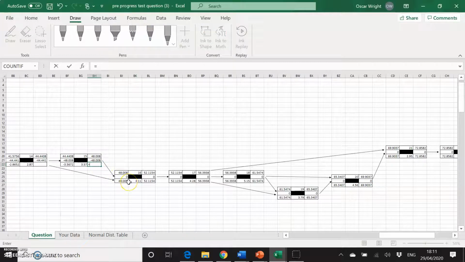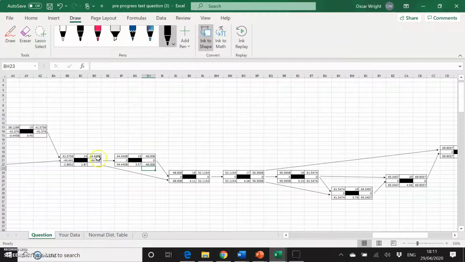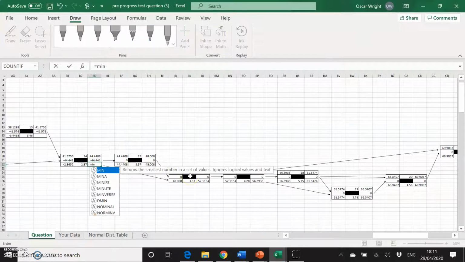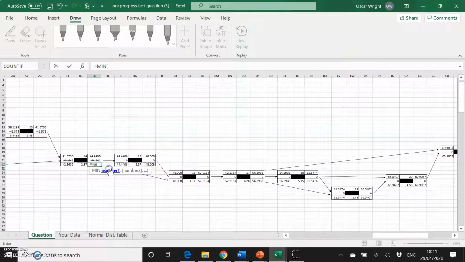Number 15, again, only goes to number 16, so it must equal that. Now, number 14 goes to both 15 and 16, so again, we take the minimum value of 15 and of 16.